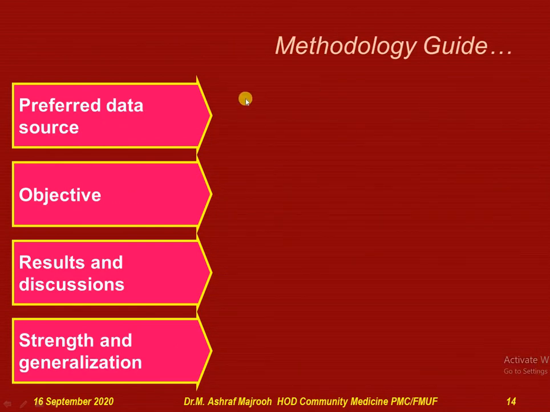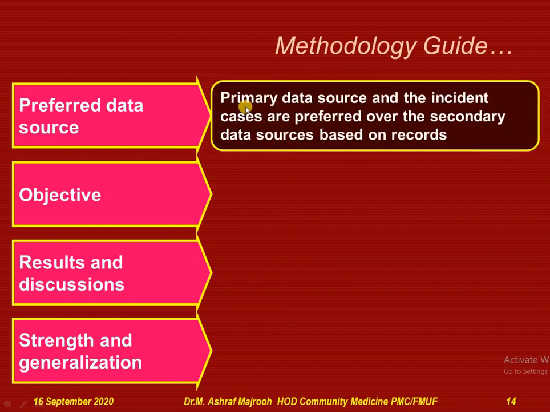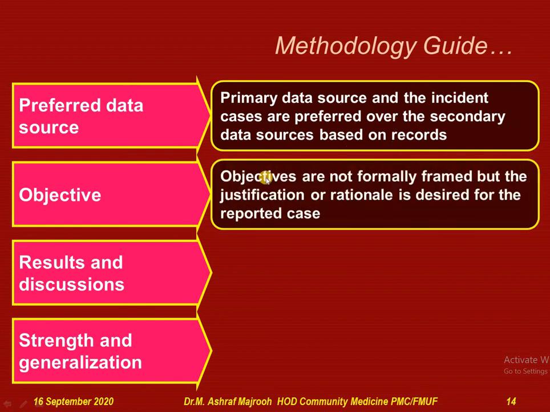More methodological guidance regarding preferred data sources, objectives, result and discussion, and strength of generalization. Regarding preferred data sources, primary data source and incident cases are preferred over secondary data sources based on records. Objectives are not formally framed, but justification or rationale is desired for reported cases.